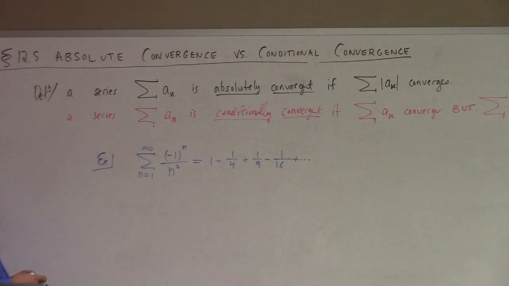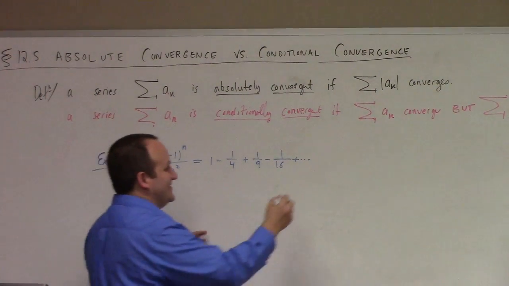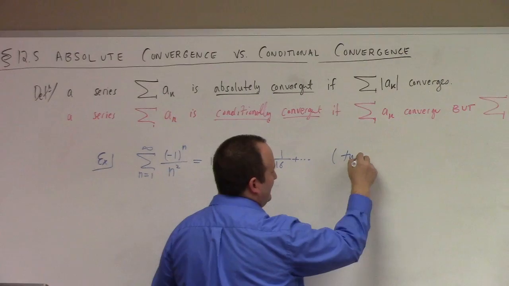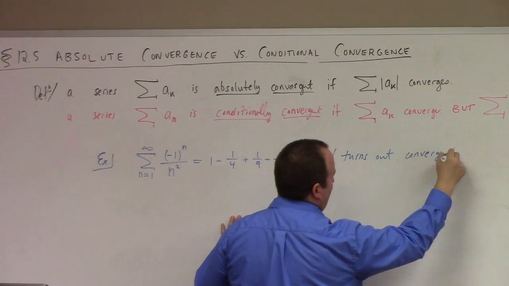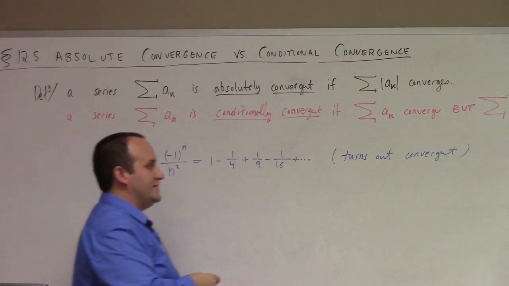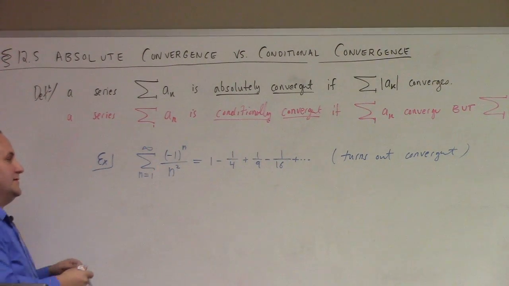Well, I guess we don't have the technology yet to show that this is convergent, but you'll have to trust me when I tell you we will soon have a theorem which shows us how to prove this is convergent. Trust me anyway, it's convergent. This is an alternating series. It turns out this is convergent, all right?